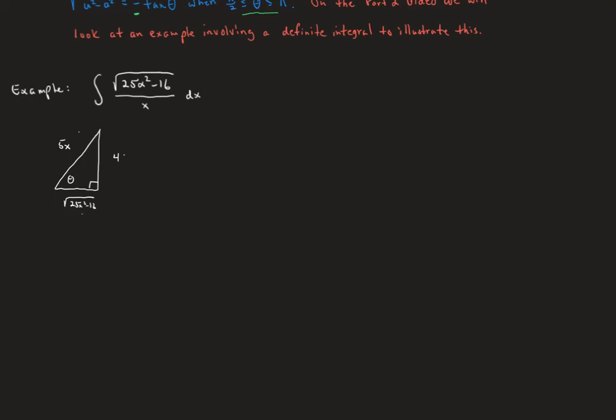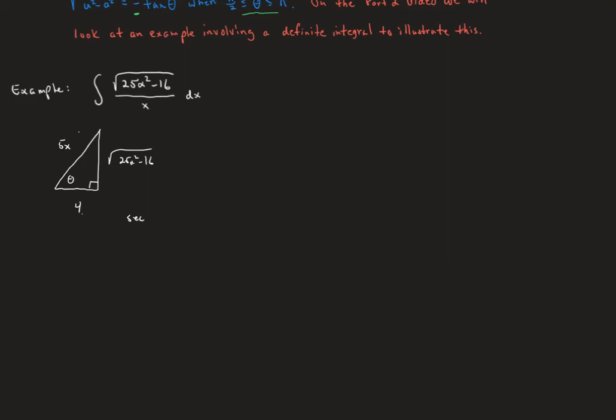I'm going to switch the two legs. So I'm going to call this side the 4, and I'll call this side that square root of 25x squared minus 16. Okay, now we can solve for x, and we want this to be a secant.